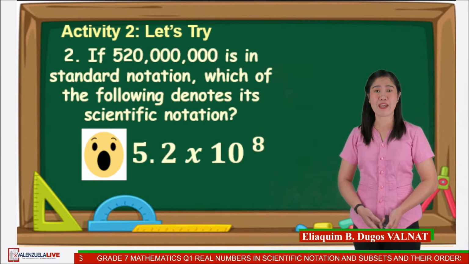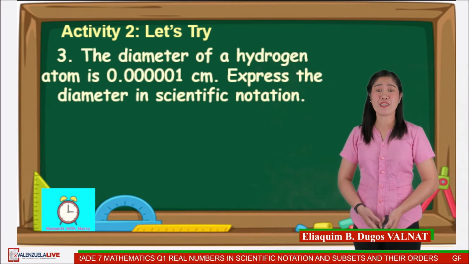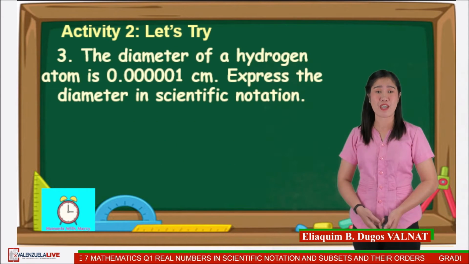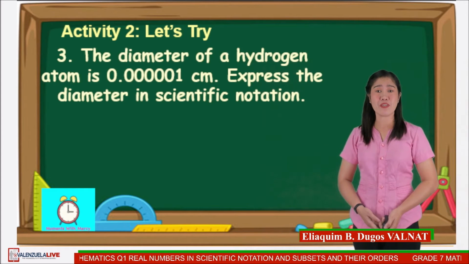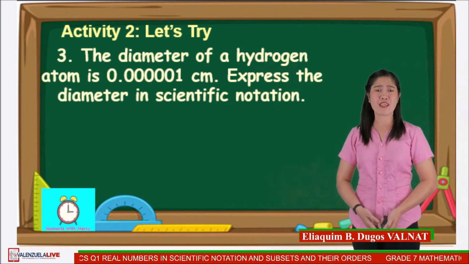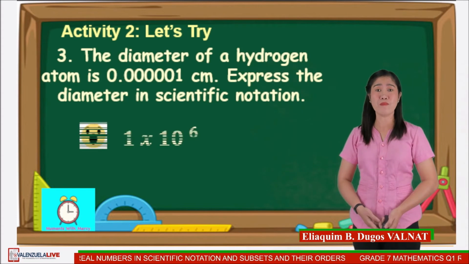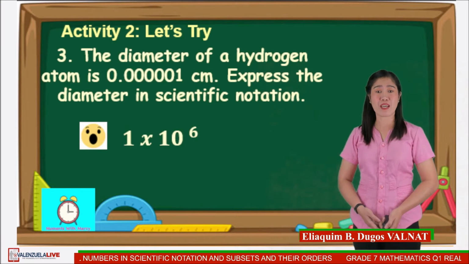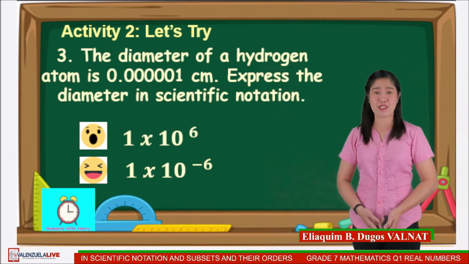You are correct. In given number 3, the diameter of a hydrogen atom is 0.000001 centimeter. Express the diameter in scientific notation. Is it wow, 1 times 10 raised to 6, or haha, 1 times 10 raised to negative 6?